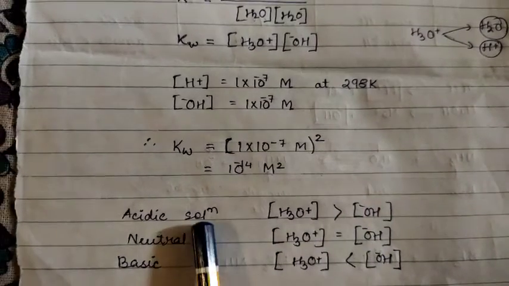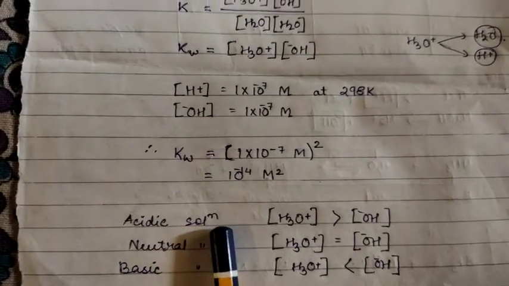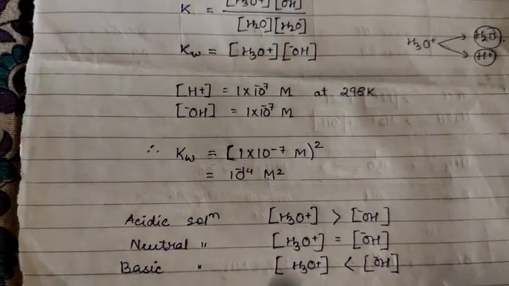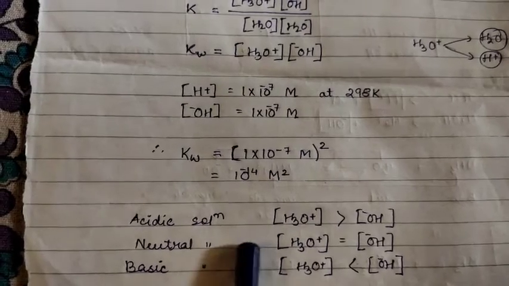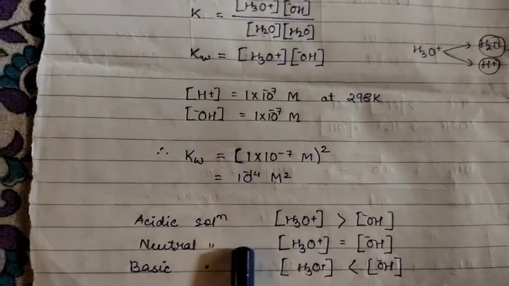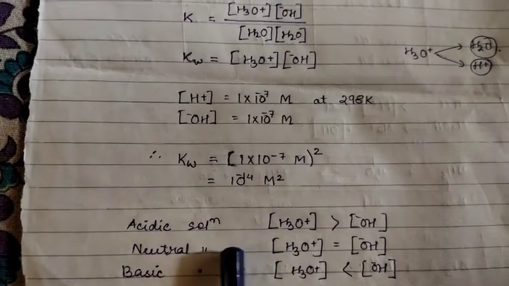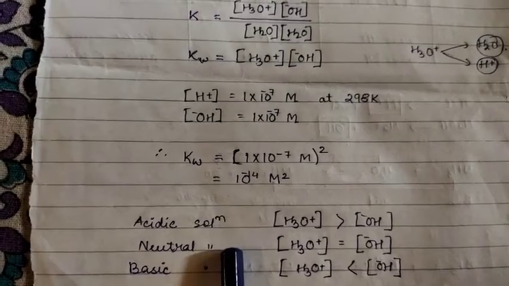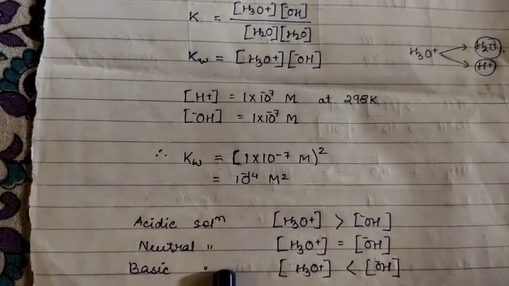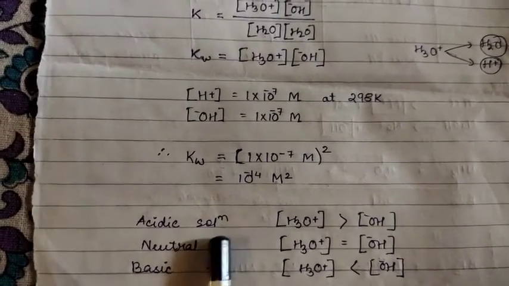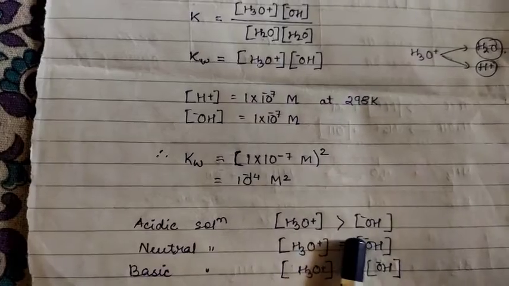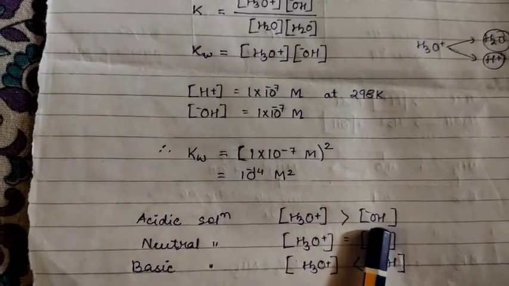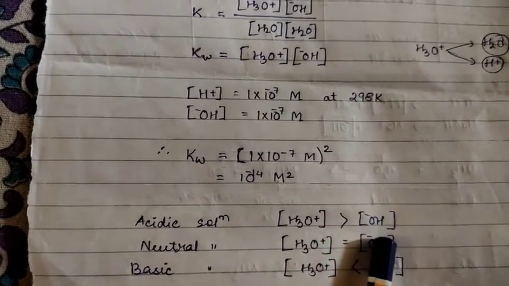Now for acidic solutions, the concentration of H3O positive is greater than the concentration of hydroxyl ions. This is in accordance with the Arrhenius concept of acid and base, which stated that those substances which release H positive or hydronium ion are regarded as acidic solutions, and those which release the hydroxyl ion, or OH negative, are known as basic solutions.